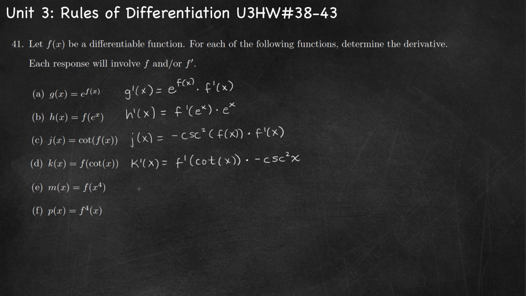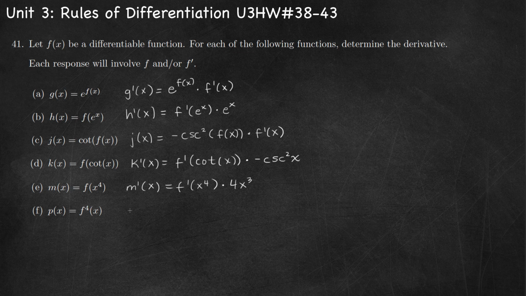Part E, m of x equals f of x to the power 4. So this is in the form of f of stuff. The derivative, m prime of x, equals f prime of stuff times the derivative of the stuff, 4x cubed. And p of x equals f of x to the power 4.